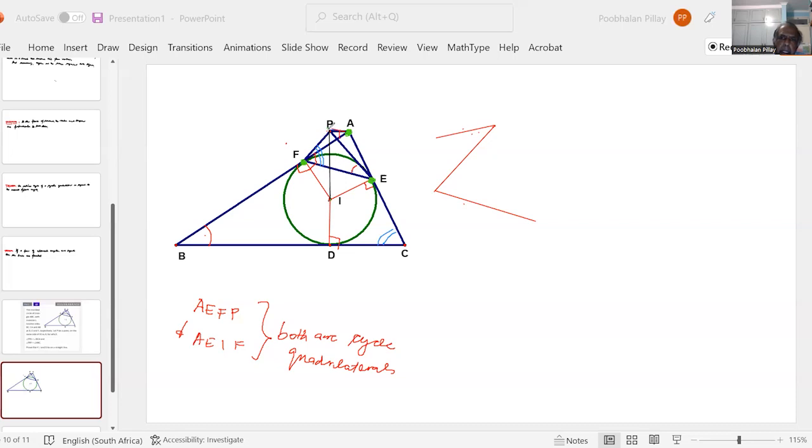These 4 points are concyclic, all 5 points.